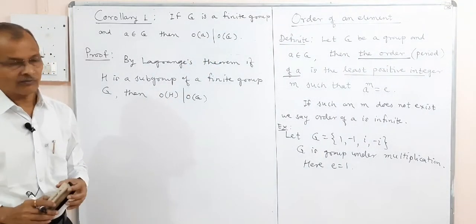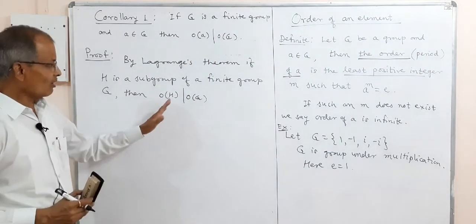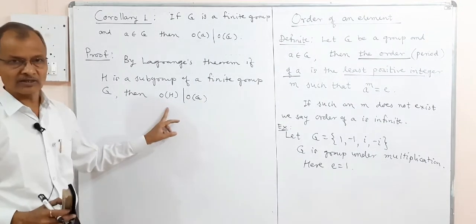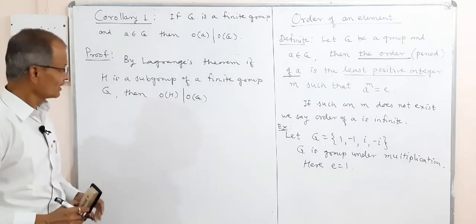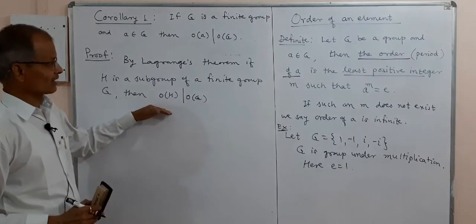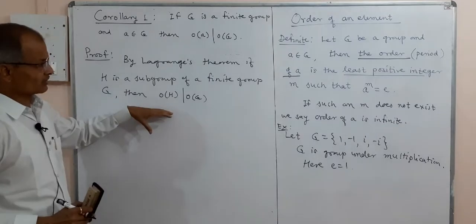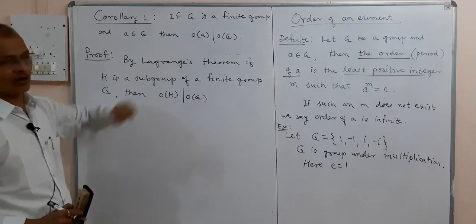In number theory, we have studied the divisibility relation. The order of H is a divisor of the order of G, or the order of H divides the order of G. So this is Lagrange's theorem, and this is a corollary of it. Using this theorem we have to prove this.